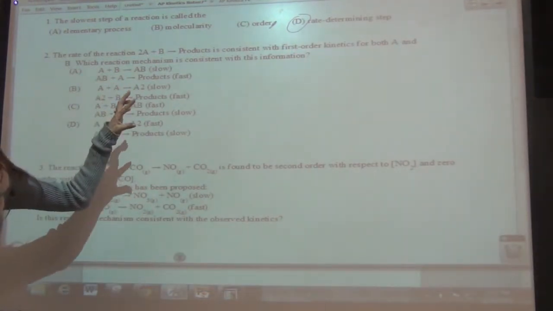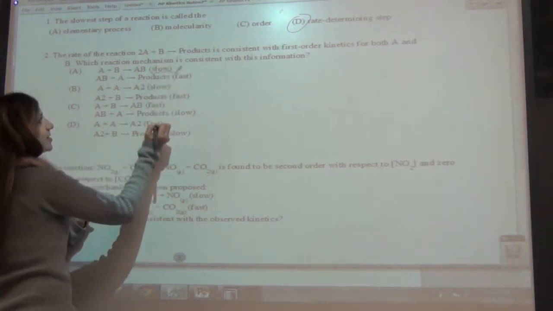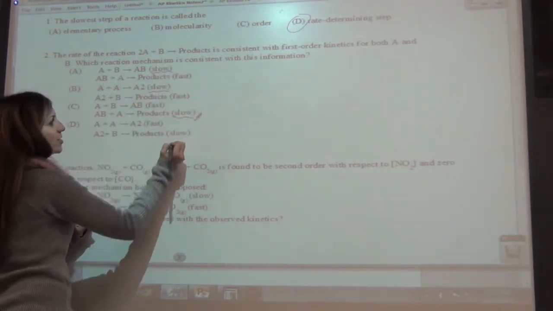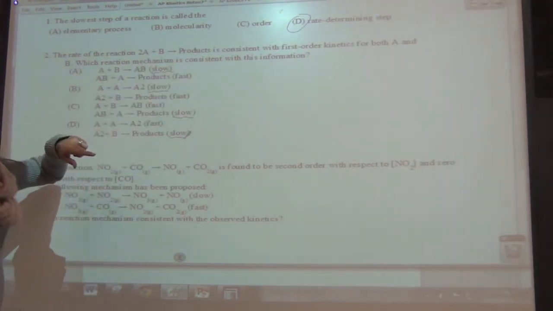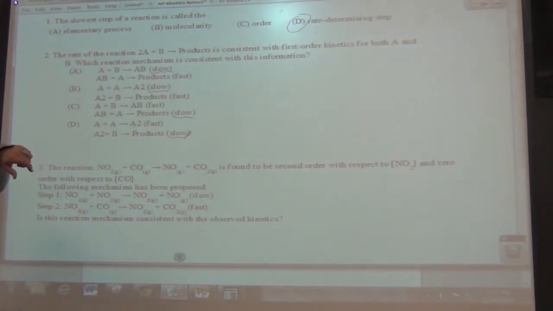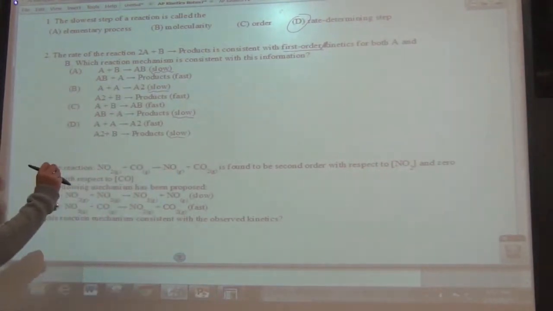So what we want to really look at is our slow step. And so what I like to do is I basically like to underline where my slow step is in each one of these mechanisms. And so it says the rate of this reaction, 2A plus B gives me products, is consistent with first order kinetics. So what they're telling us is for both A and B, it's first order.